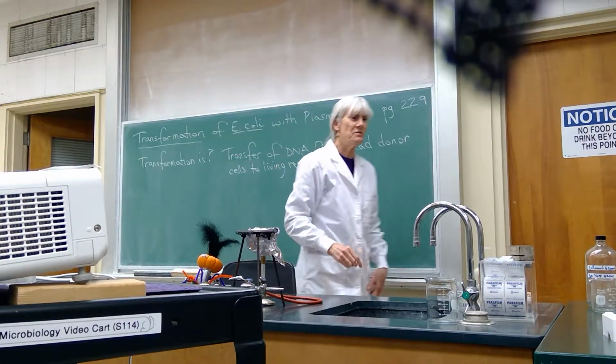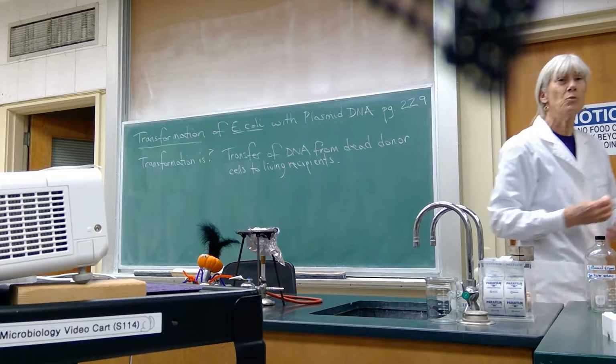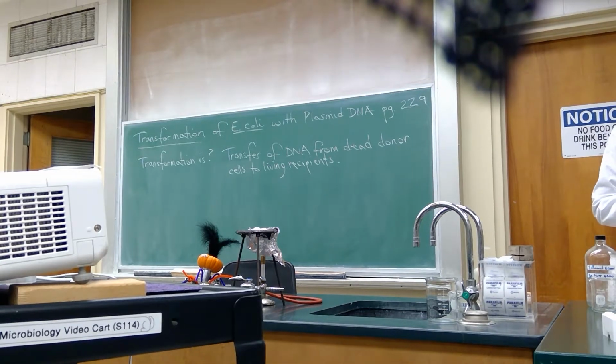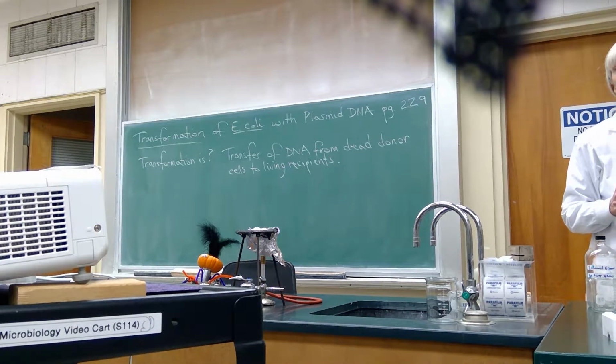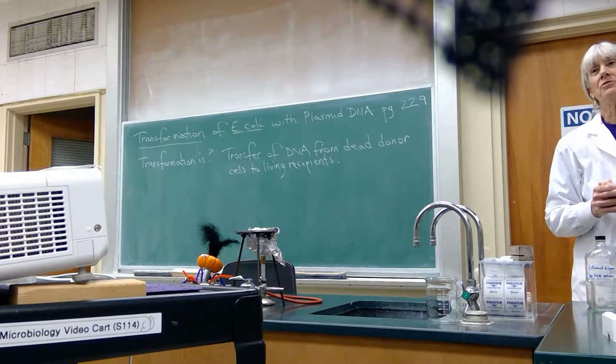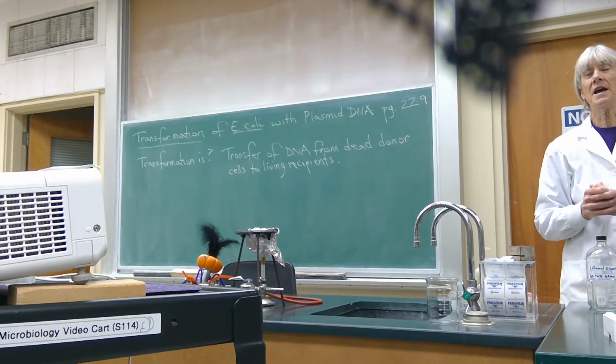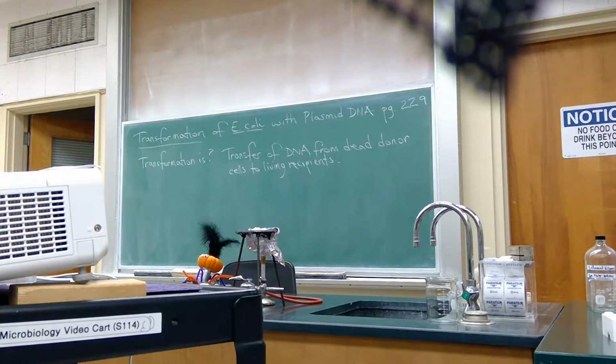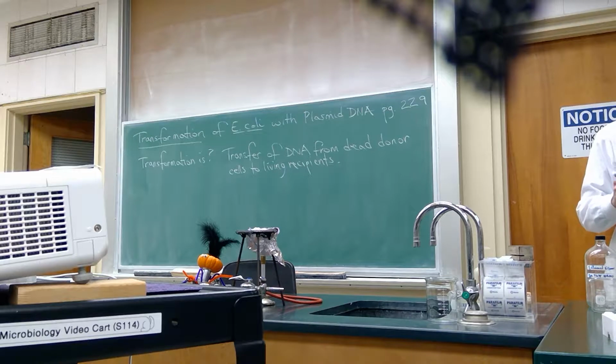This was first observed to occur in what kind of bacteria? Streptococcus pneumoniae. And who was the person that discovered this? Frederick Griffith. Griffith was injecting mice with Streptococcus pneumoniae, using capsule-forming strep and non-capsule-forming strep in different combinations.